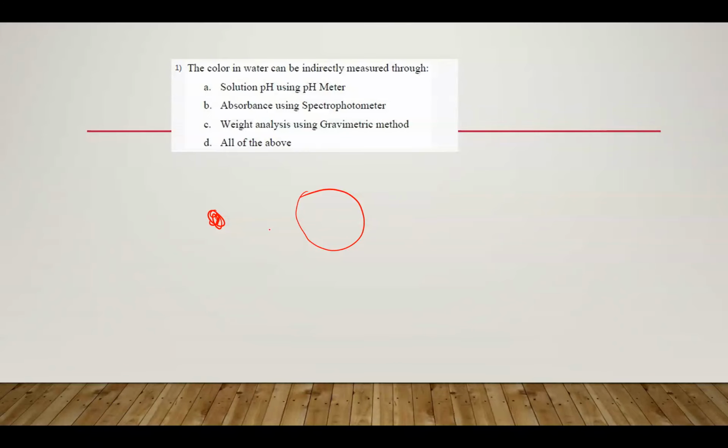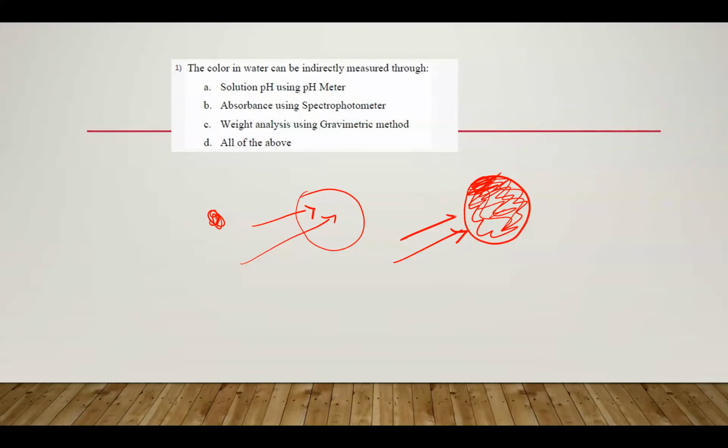In pure water there are no ions present, so it is much more clear and the light easily passes through, right? But if there is suspended matter and the water is very turbid, then what happens?